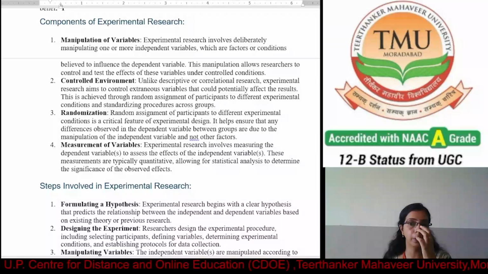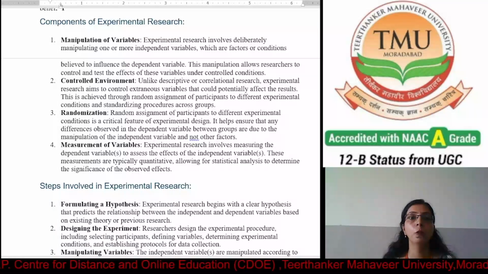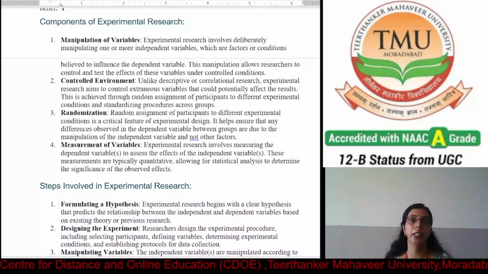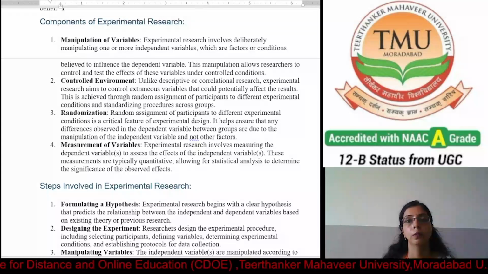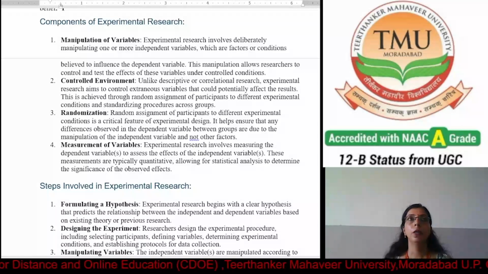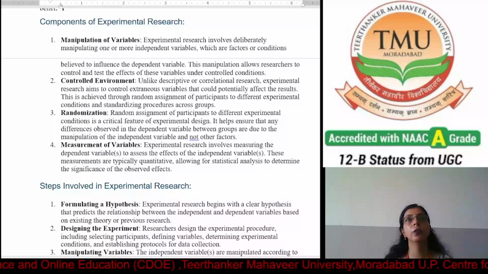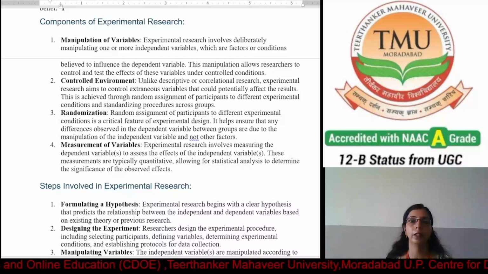Differential selection of subjects. The groups may differ significantly on some important variables related to the dependent variable even before the application of the experimental treatment.